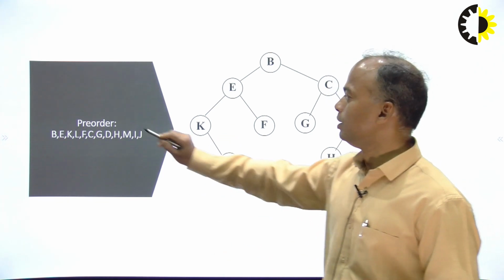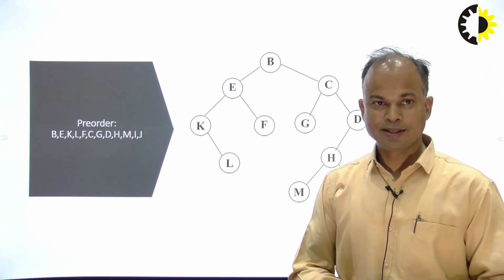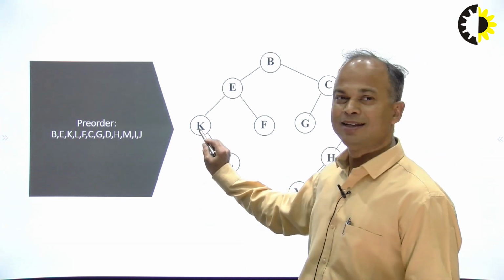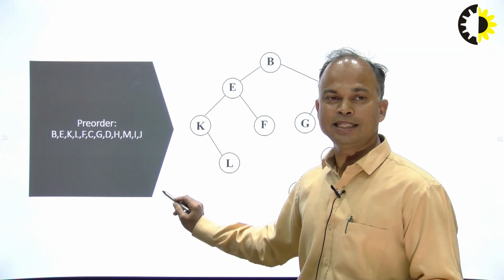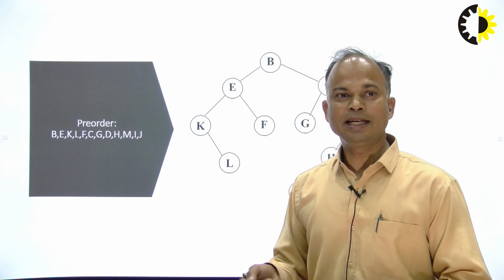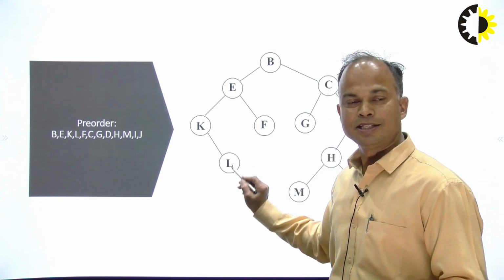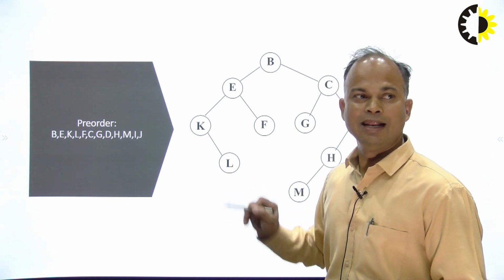So we are visiting K. After visiting K, we need to visit the left subtree once again, but this node does not have any left subtree. The next step is to visit the right subtree in pre-order. We have L, the right part of K. So we are visiting L.